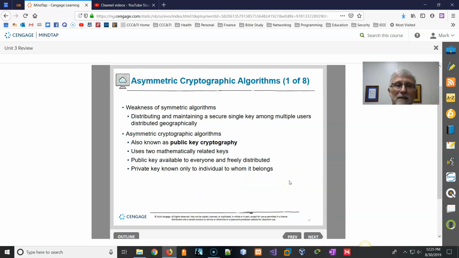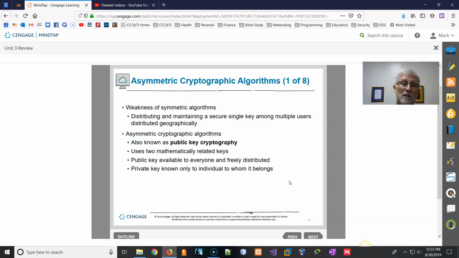The trouble is the weakness of symmetric algorithms is distributing and maintaining a single secure key among multiple users, especially if they're distributed geographically. Now, an asymmetric cryptographic algorithm is known as public key cryptography.